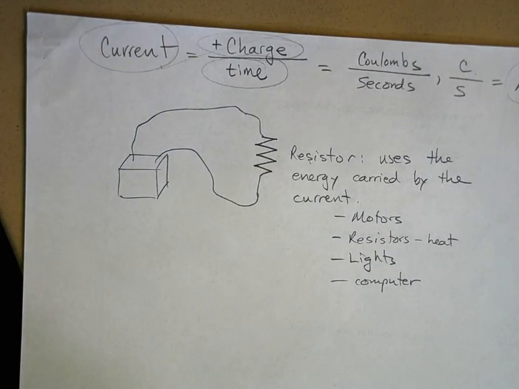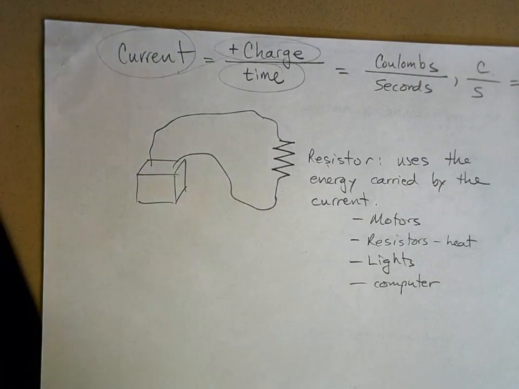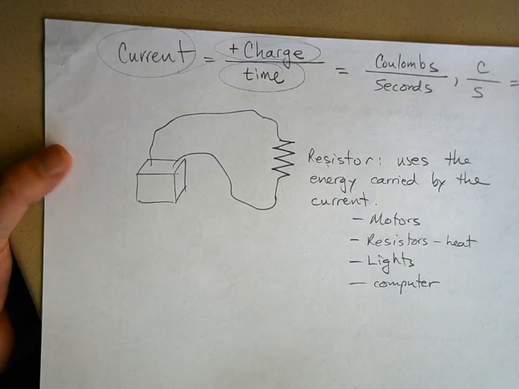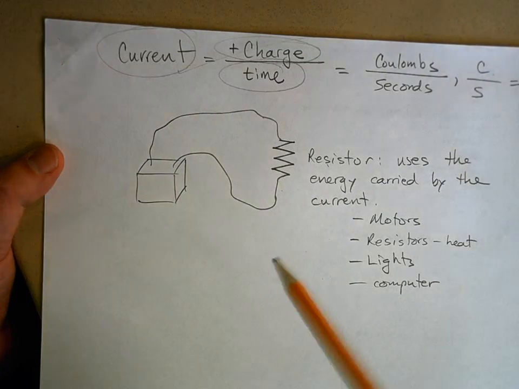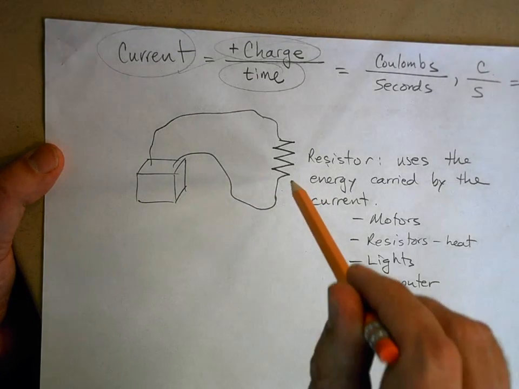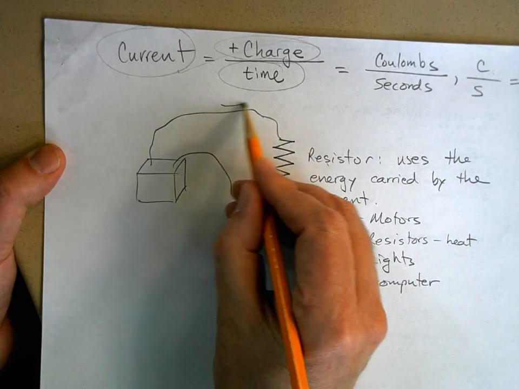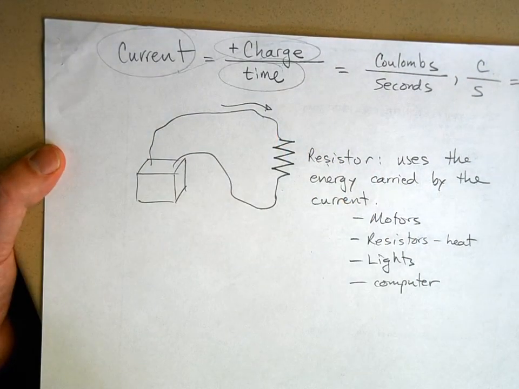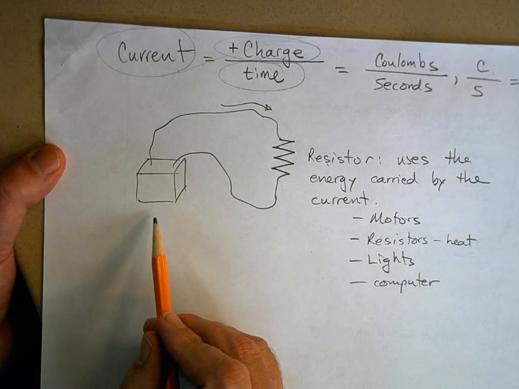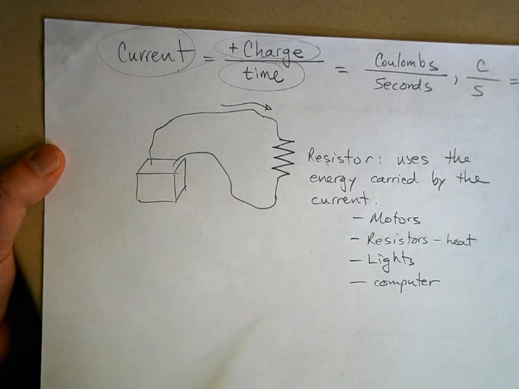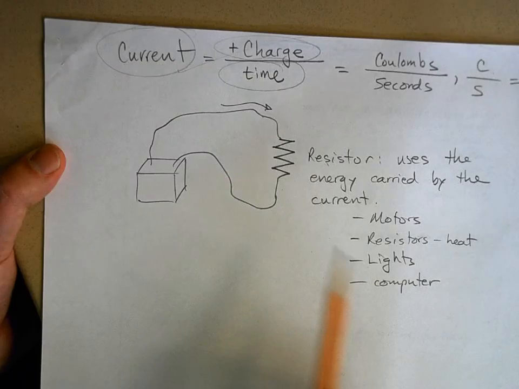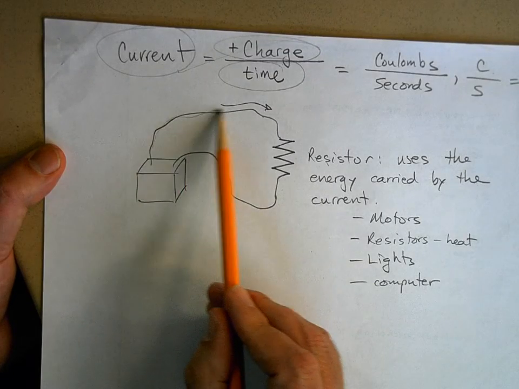Now, ohms, for certain applications, it turns out that if I want current to flow through this wire, I need to have a certain amount of voltage. If my voltage is 0, there's nothing pushing the current through the wire.